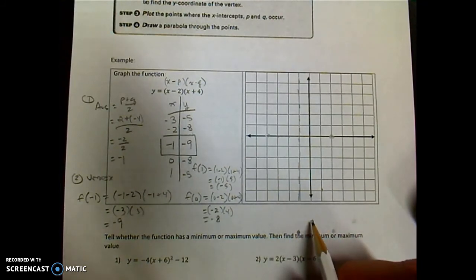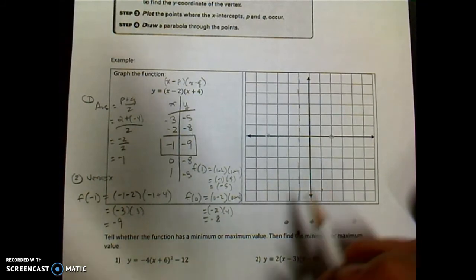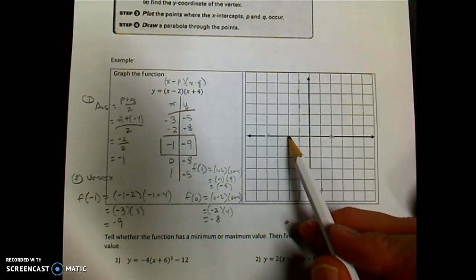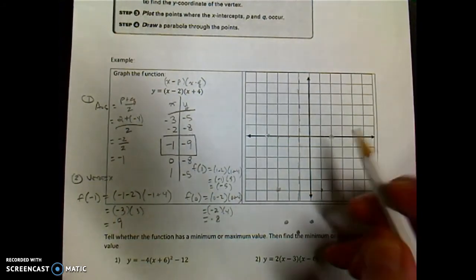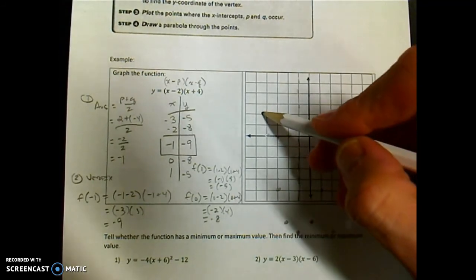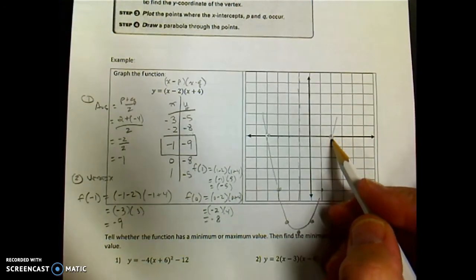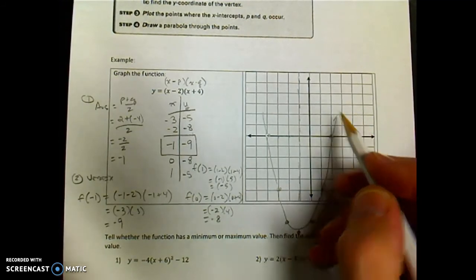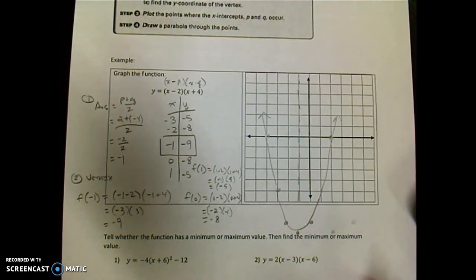Let's fix that. And when x is negative 3, I have negative 5. All right, so now I've got points that are on my graph. That one's a little wobbly, but it'll do. This is the graph of y equals x minus 2 times x plus 4.